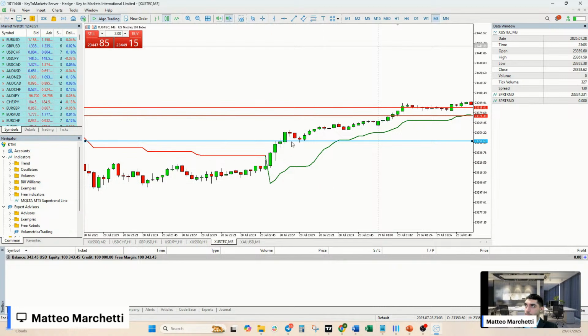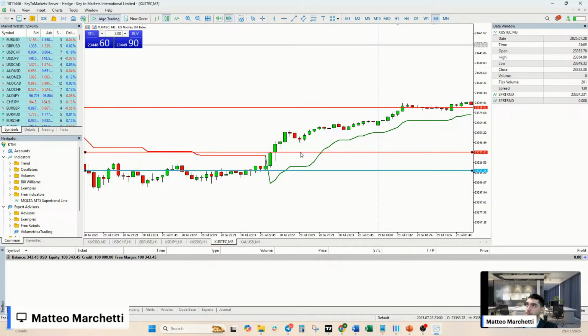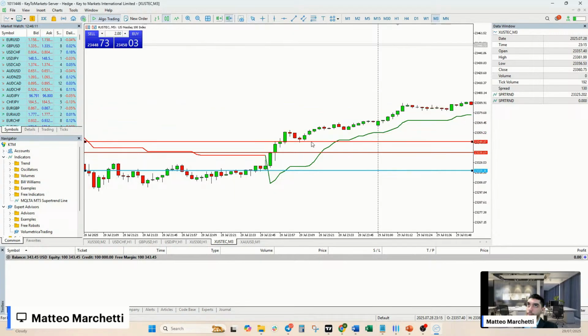So you see we have the bar which closed above the super trend. So we have our buy signal exactly here. Okay, 3.8, and then we have 9.